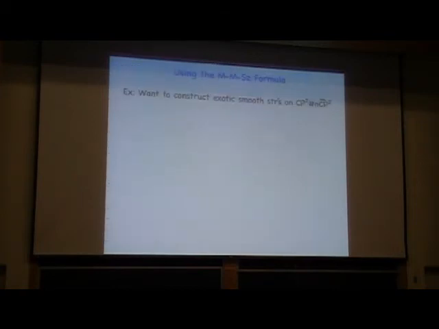So how can you use this formula? You'd like to construct exotic smooth structures on CP2 blown up n times. Remember, we don't have essential tori to work with. So if you're going to do surgery on tori, you need to find a null homologous torus in some manifold with b plus equals 1, b minus equals n, and pi 1 trivial.